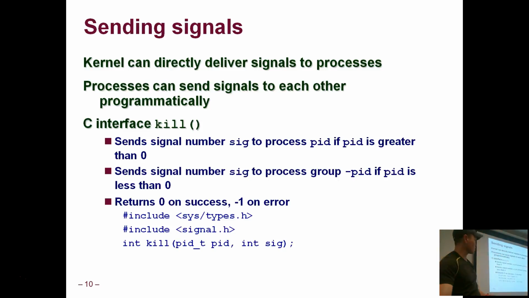The way to kill an entire process group is to send this signal, and rather than a positive PID, you send it to the negative PID, and then it will treat that as a process group and kill everything in that group. That's just for information. If you ever come across this, that's what it is, but it's not too important for this class. It's Googleable.